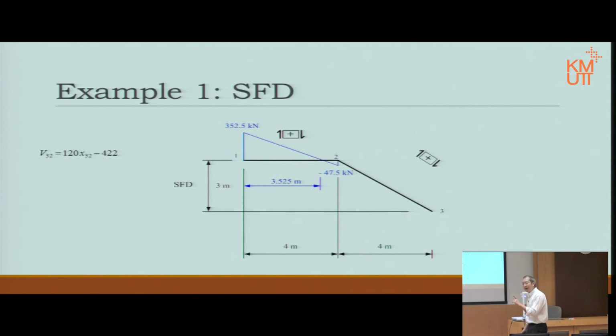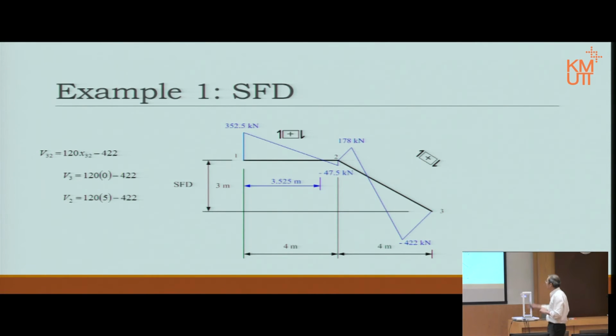At point 3, the beginning point, not point 2, because we set x from 3 to 2. First point, x equal to 0 at point 3, and of course at point 2, x equal to 5. And that is the value. Straight line function, connect the line.